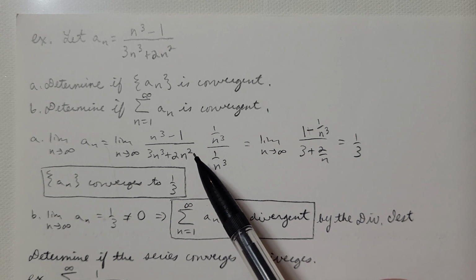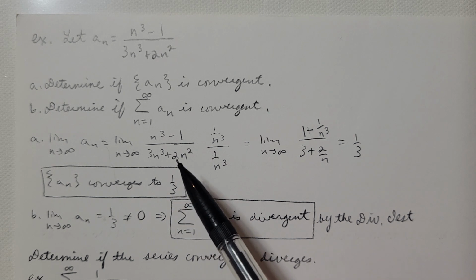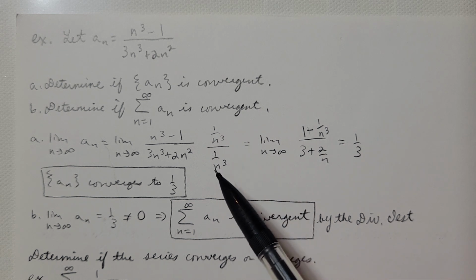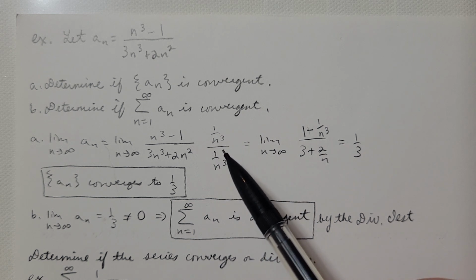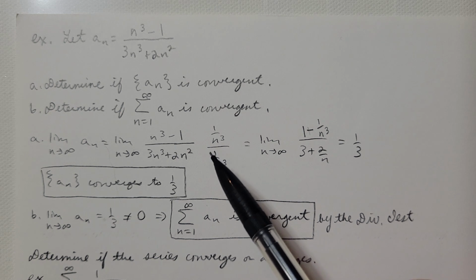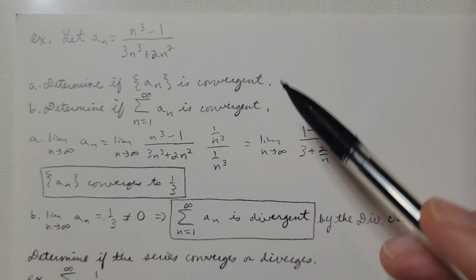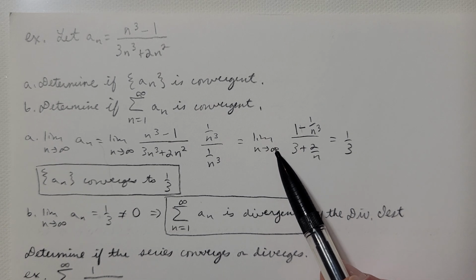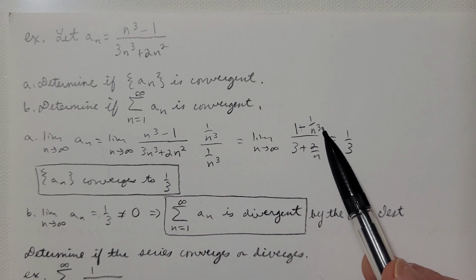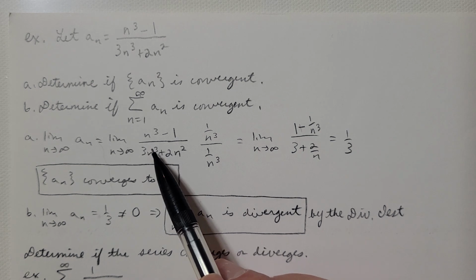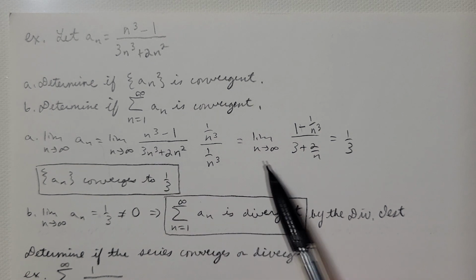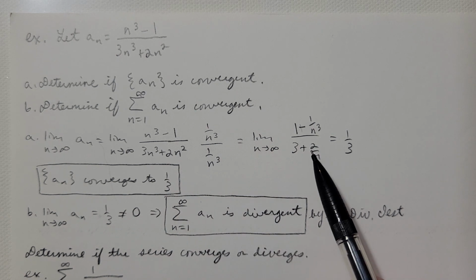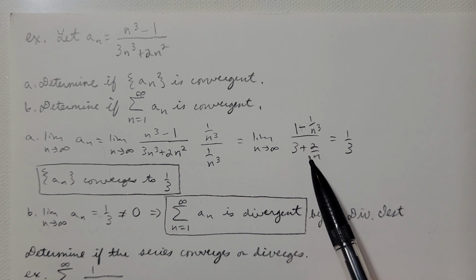And let's see, I can use L'Hopital's rule if I want, or if I multiply the top and bottom by 1 over n cubed. There's no harm with doing that, right? I'm just multiplying this by 1. I'm not going to change anything. Then that would be the limit as n approaches infinity of 1 minus 1 over n cubed divided by 3 plus 2 over n. n is approaching infinity.